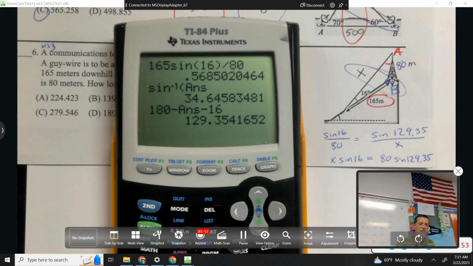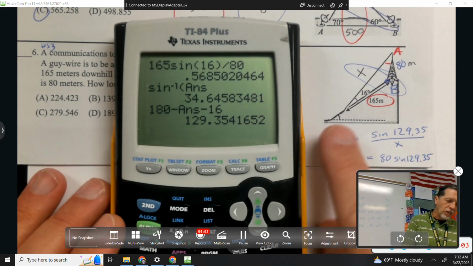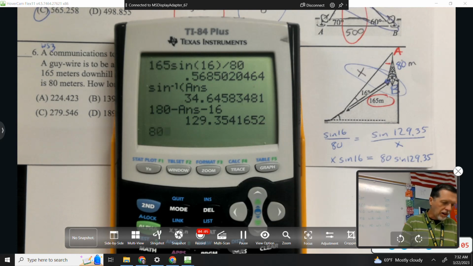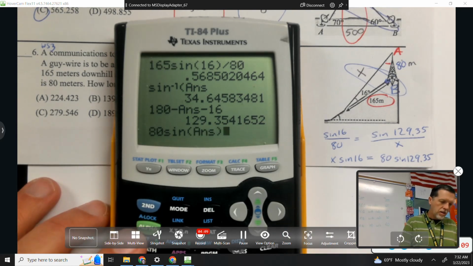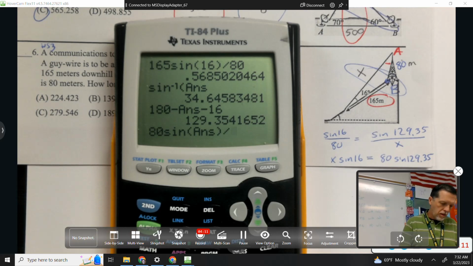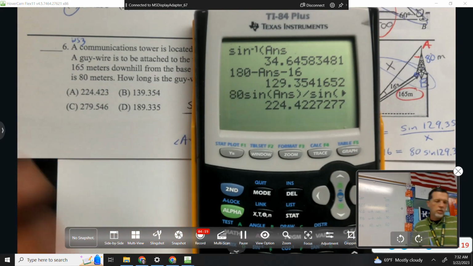I feel like by the end of yesterday, I was not showing this step because I'd done it so many times. But this morning, first one, my brain needs to get warmed up. So I'm going to show the cross multiplication, then I'll go to the calculator. 224.423, and that is one of my answers.